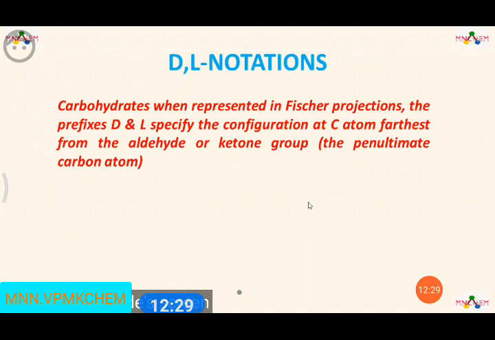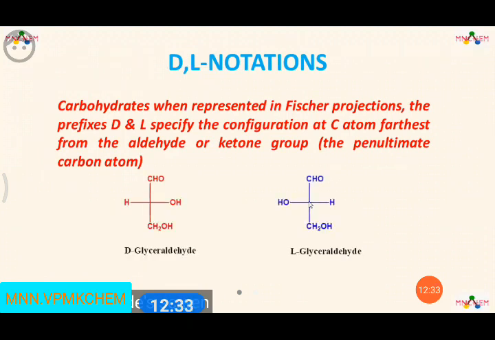For example, we have glyceraldehyde, which is represented in this Fischer projection. Here we have two enantiomers of glyceraldehyde, or the mirror images. Here, in this first structure, we can see the hydroxy group attached to this chiral carbon is on the right hand side.